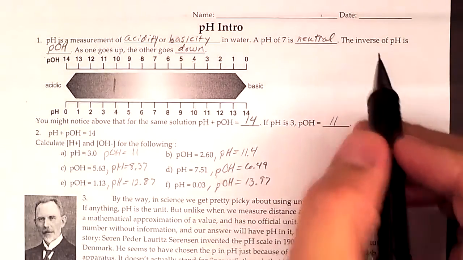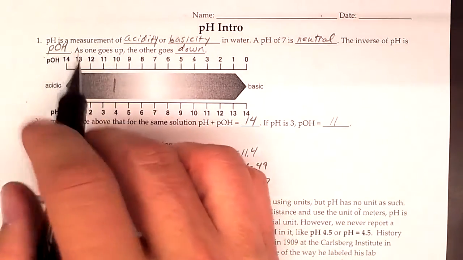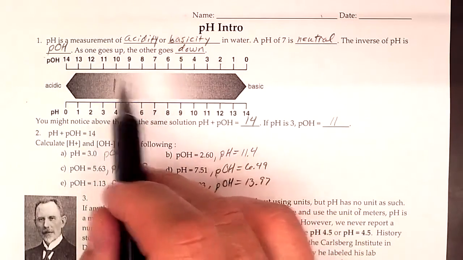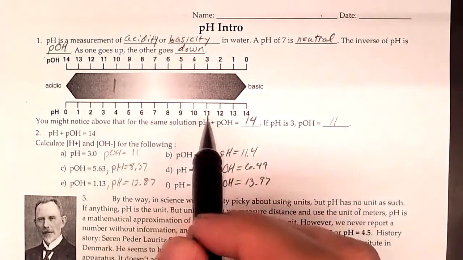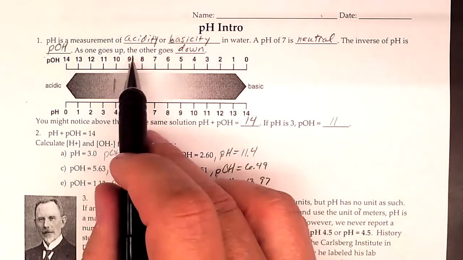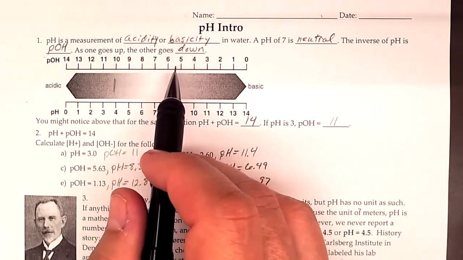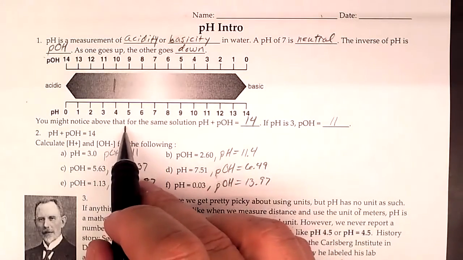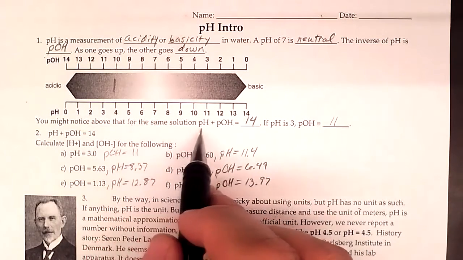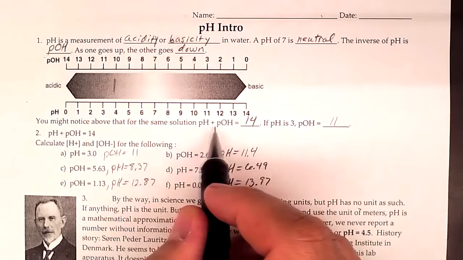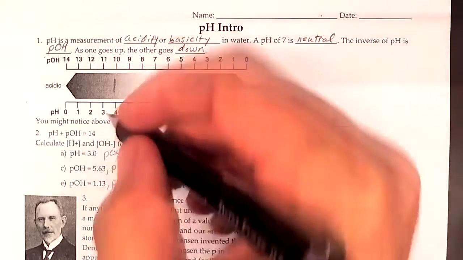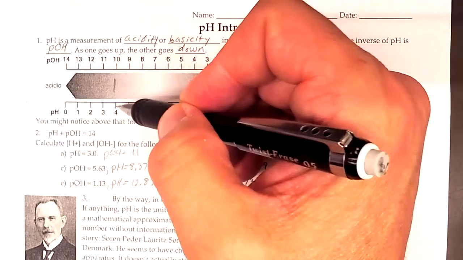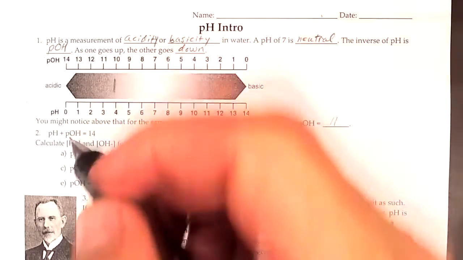The inverse of pH is pOH. Notice when I say inverse, the numbers go opposite for pOH and pH. As one goes up, the other goes down. And in fact, for the same solution, if your solution was sitting here, the pOH is 10, the pH is 4, and they add to 14.